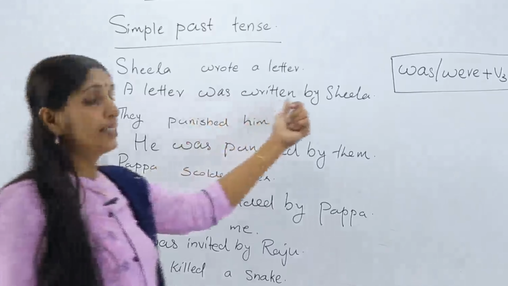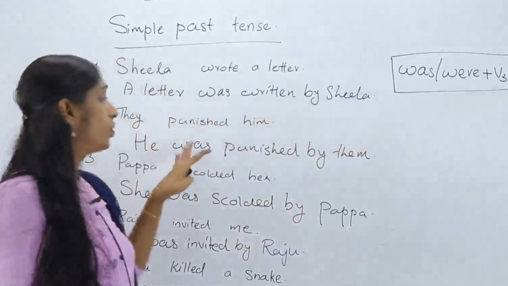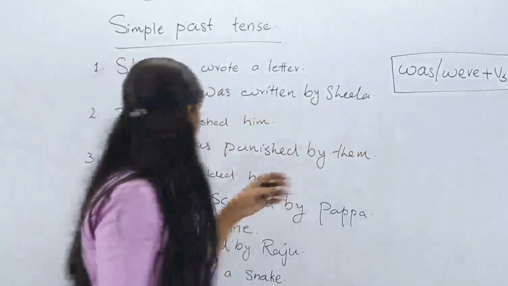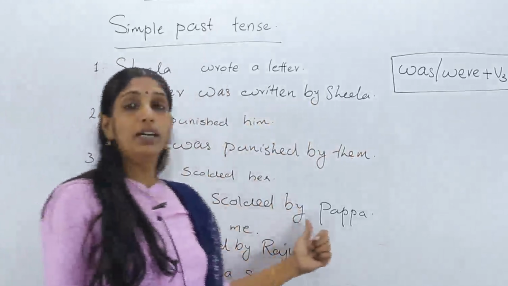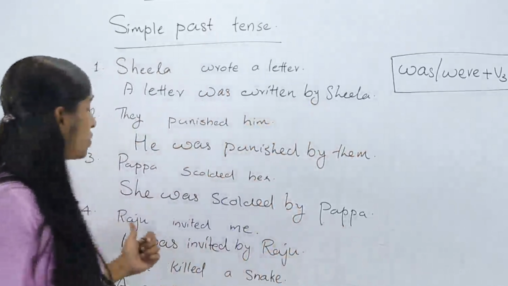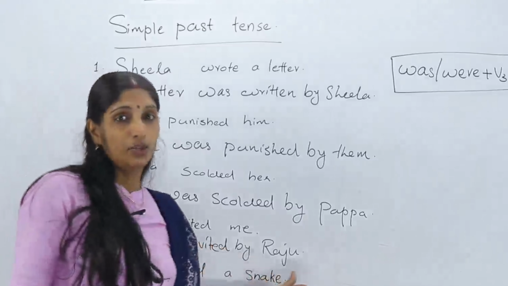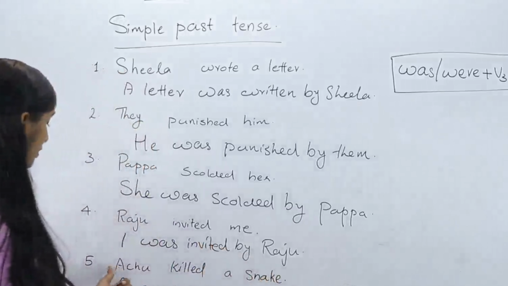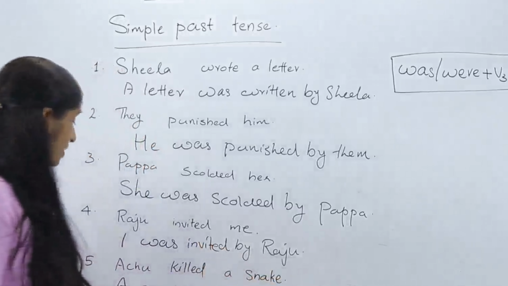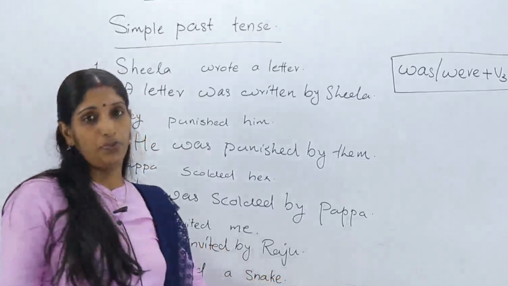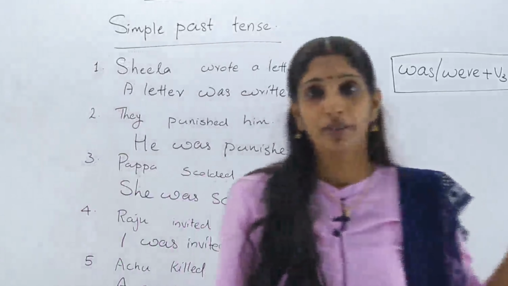A letter was written by Sheila. They punished him. He was punished by them. Papa scolded her. She was scolded by Papa. Raju invited me. I was invited by Raju. And the fifth sentence, Achu killed a snake. A snake was killed by Achu. Is it clear, everyone? All of you understood?